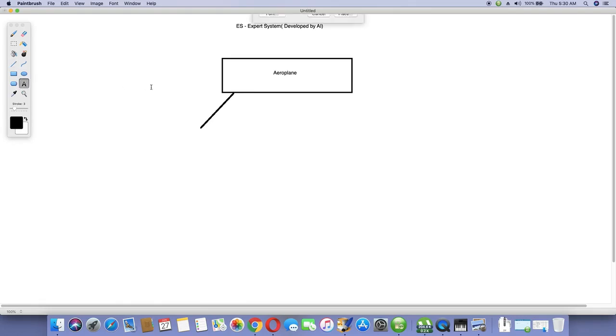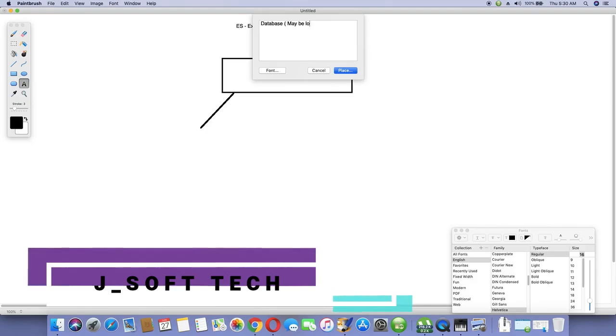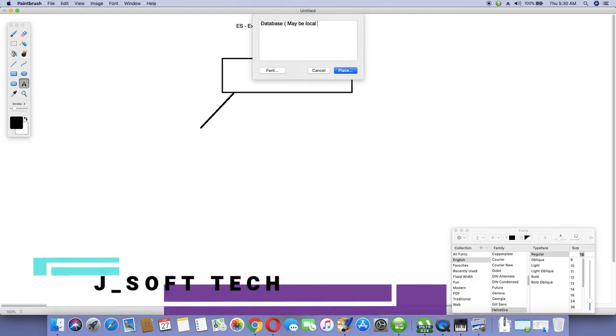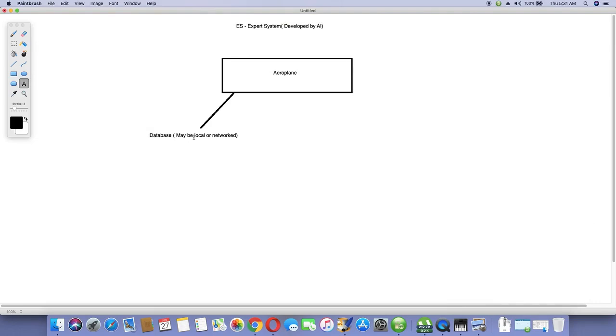There's a massive database, which may be local or on a network because of an internal failure of the aeroplane. In such a condition, they can connect to the network and get the database, because it's very important to use the database.